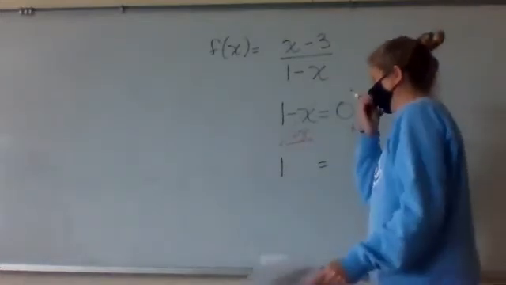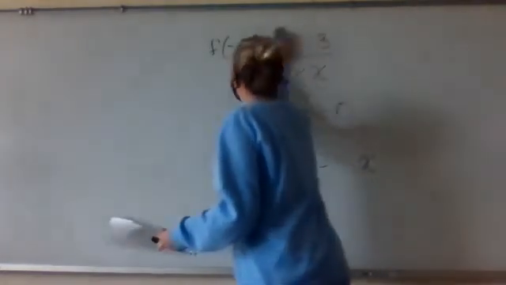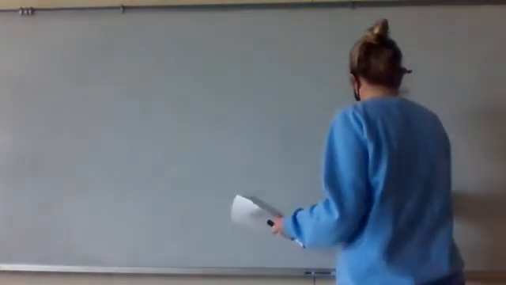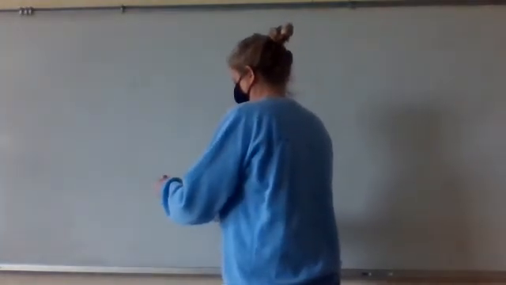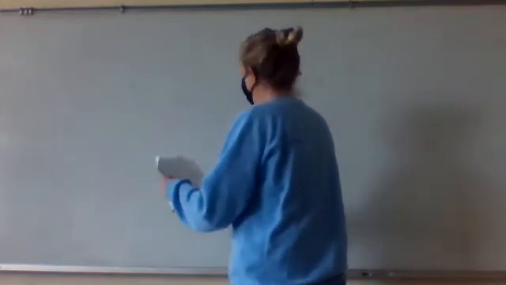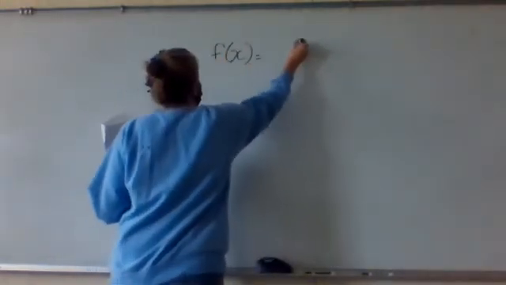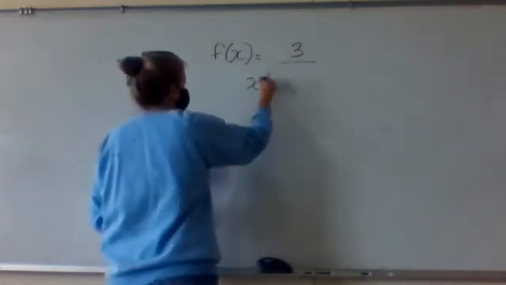Number 8, same thing. F of x equals 3 over x plus 5, x minus 1.